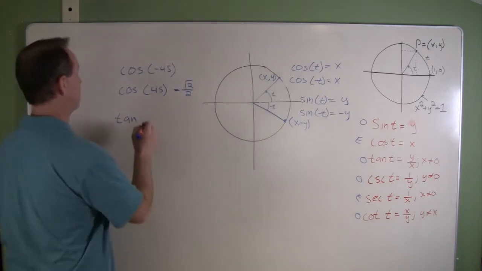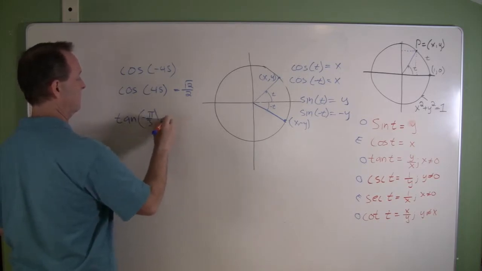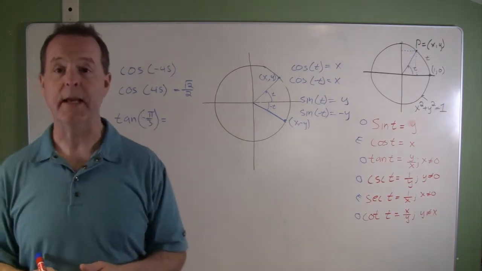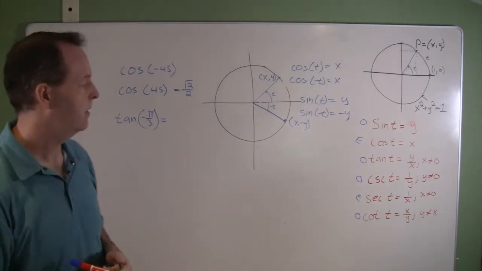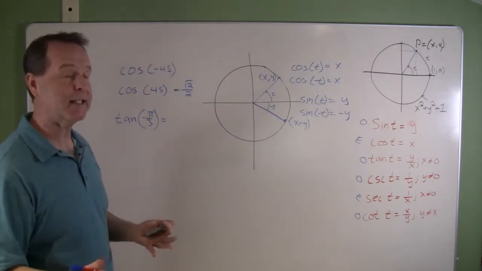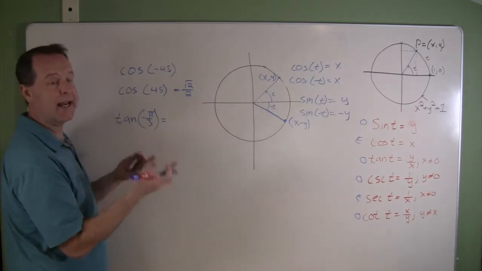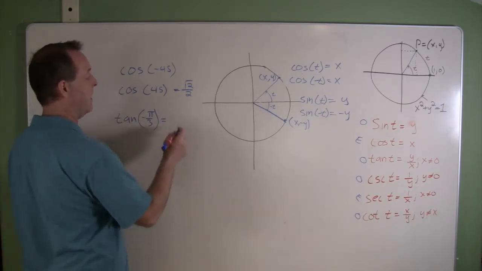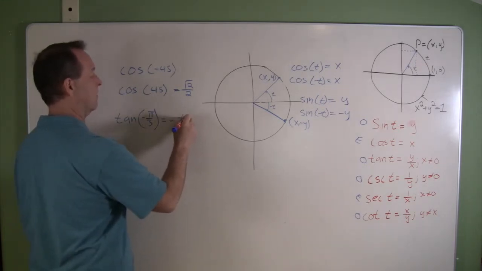Another one we want to look at is the tangent of negative pi thirds. To begin with, let's get a sense of whether that's an odd or an even function. Tangents were odd functions. What that translates to is that if I took the tangent of a negative angle, that would be the same thing as the negative of its positive value.